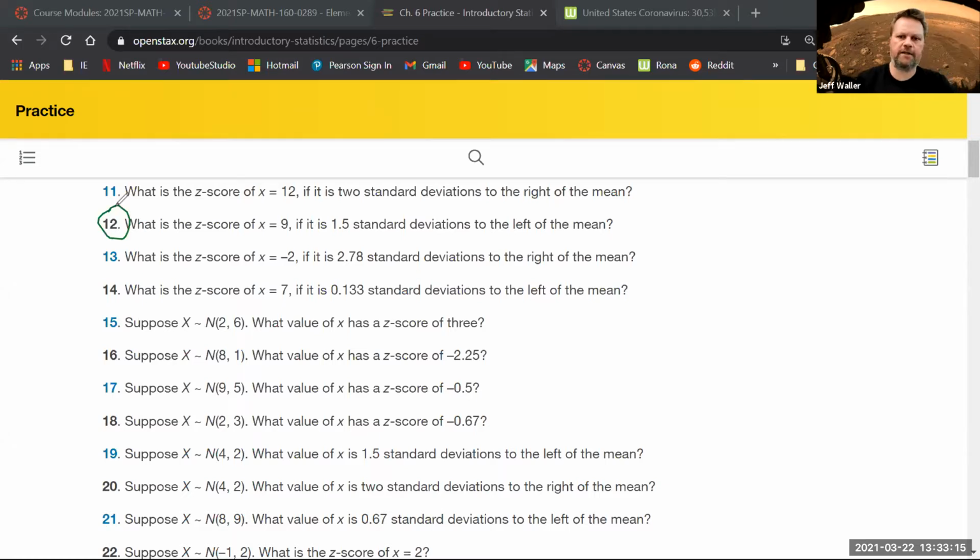It's a conceptual problem. What does the z-score tell you? How many standard deviations one is away from the mean? Good. So doesn't it tell you that directly? Do you see what I'm saying?